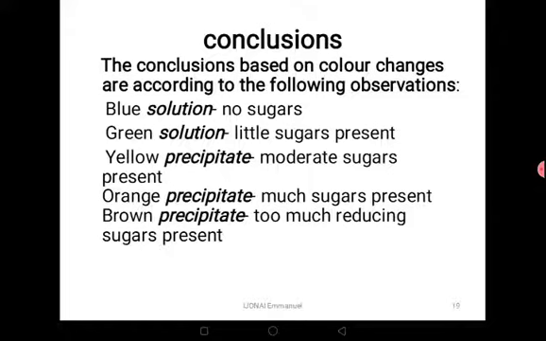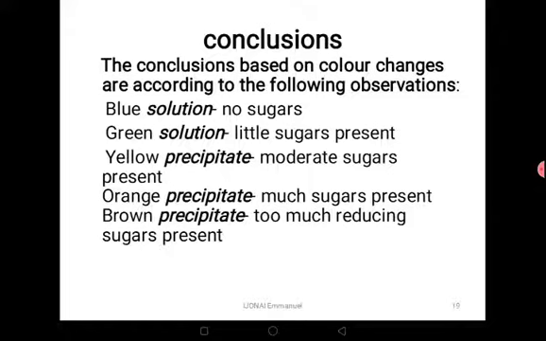If it changes from blue solution to green solution to yellow precipitate to orange precipitate, it means much reducing sugars are present. From blue solution to green solution to yellow precipitate to orange precipitate to brown precipitate, it means now too much reducing sugars are present in that solution that you are testing.